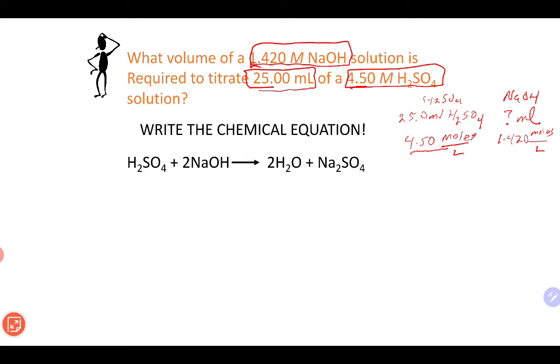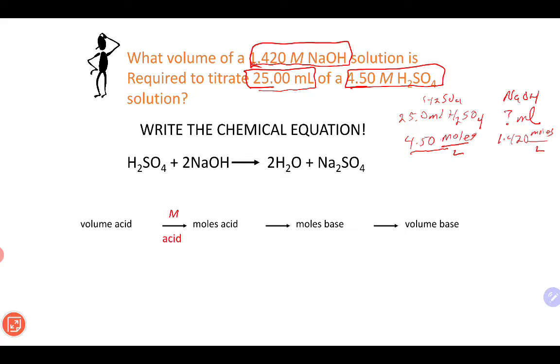So I should start with the known quantity, and that's the H2SO4. So now the question is, how do I get moles out of this? Well, I start with 25 milliliters, and I'm going to go from the volume of that acid to moles of the acid, then to moles of the base from the balanced equation, then to the volume of the base. So this is just a three-step factor label problem.